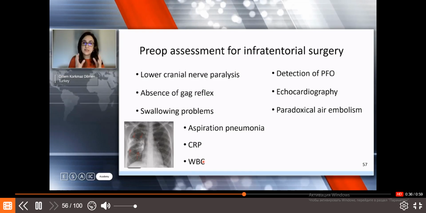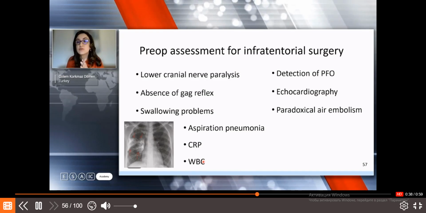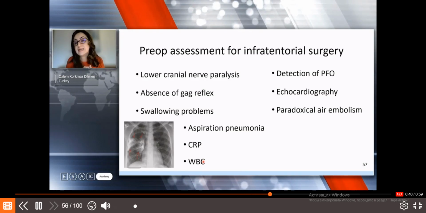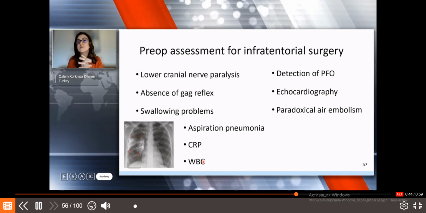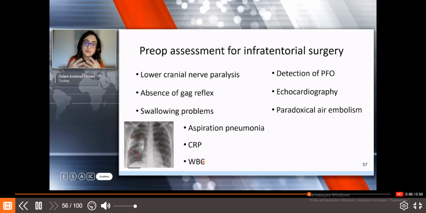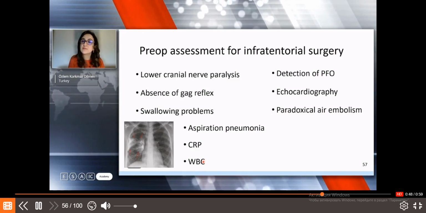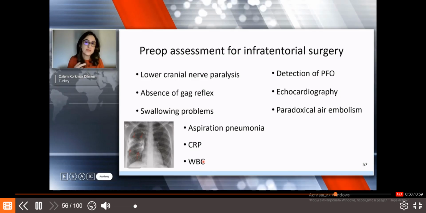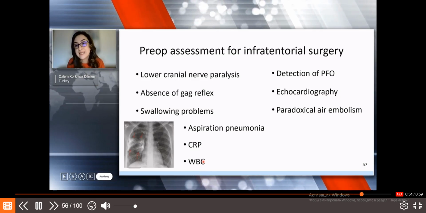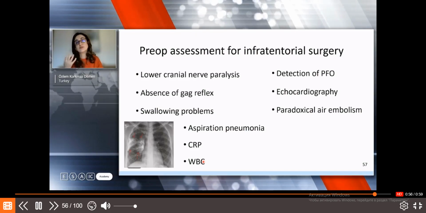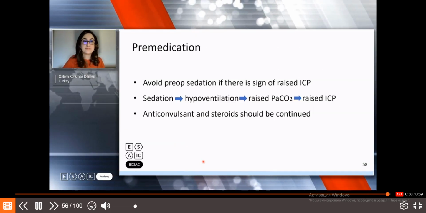Some infratentorial tumors undergo surgery in the sitting position. That's why, to detect a patent foramen ovale, preoperative echocardiography should be done, because if the foramen ovale is patent, any venous air embolism may cause paradoxical air embolism.